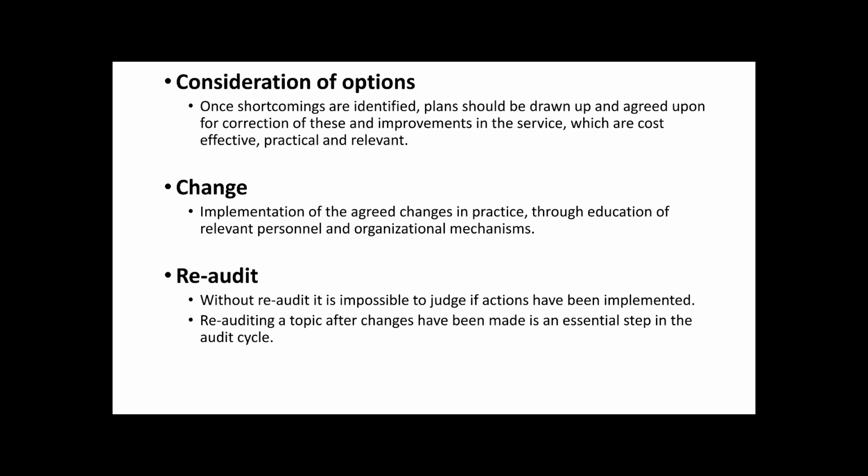During the discussion, once shortcomings are identified, for example if you are not following some of the procedures in the standard, so your procedures deviate from your standard procedure, we call that a shortcoming. If the audit identifies this, a plan should be drawn up and agreed upon for correction of these. So if they identify it, they will plan how to improve.